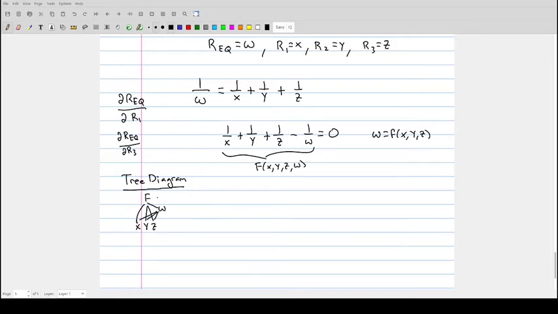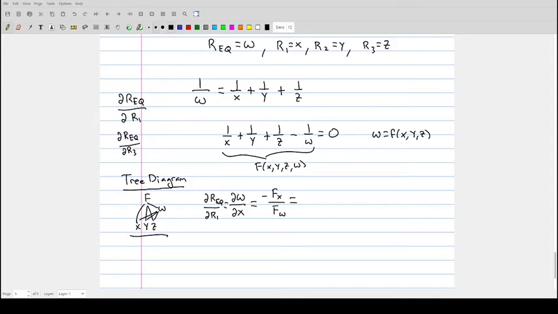So if you want to derive what, say, dW/dX is, remember dW/dX is the same thing as the partial derivative of Req with respect to R1. The formula from our implicit differentiation, and you can get it directly from this tree diagram using a similar method to what I showed before, is going to be negative Fx over Fw.